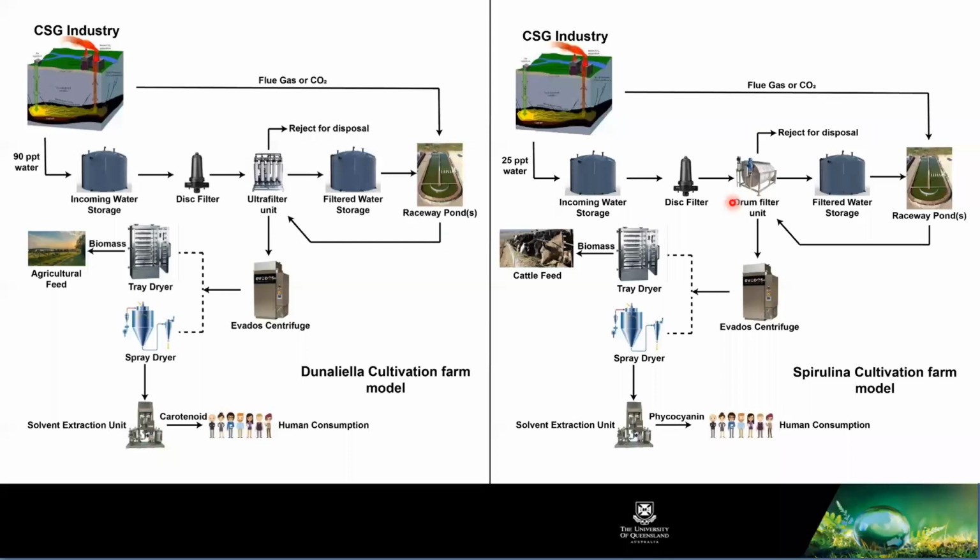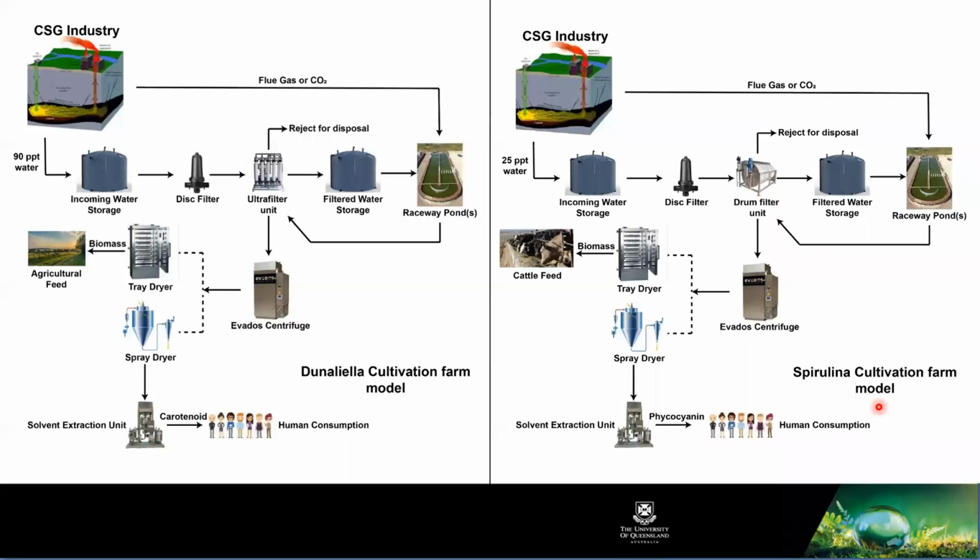Here, the Dunaliella size is smaller, the spirulina size is bigger. Other than that, the processes are more or less similar. So here we are going to extract phycocyanin and a protein, whereas here there is the possibility to extract carotene as a value-added source. So this is what we are going to do in a big farm, which is planned for 2021 for using the CSG water.